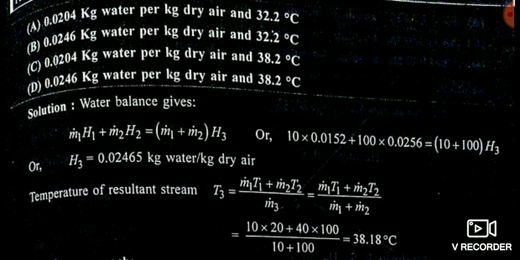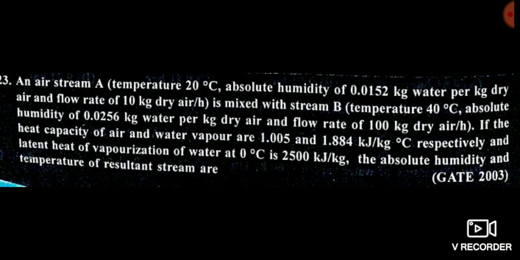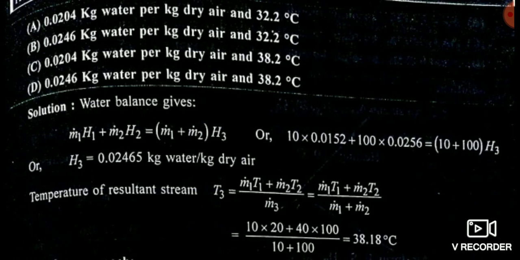So M1 value is 10 kg, H1 is 0.0152, and M2 value is 100 and H2 value is 0.0256. So you should easily put and you can get the H3, that is 0.02465. Friends, from here you can easily conclude that answer B or answer D is going to be right, because answer A and answer C have different values.